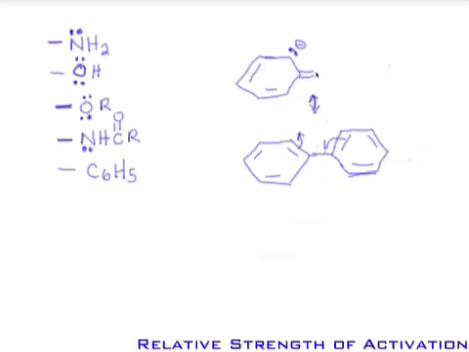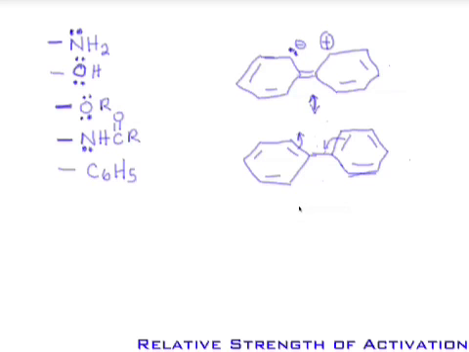So we would get something like this. Minor contributor, and while this ring would not be susceptible to attack, this one certainly would. So because you can draw resonance structures, because the two P's coming off these rings overlap side to side here, there's delocalization of electrons, and more rings means more electron density.